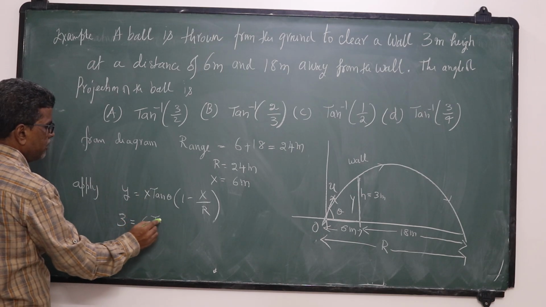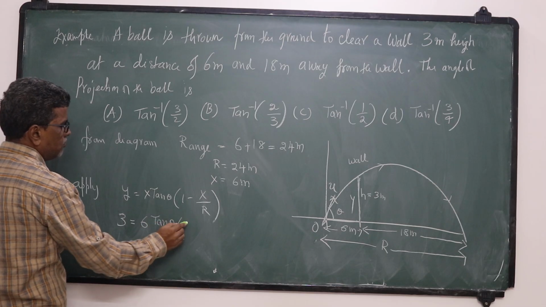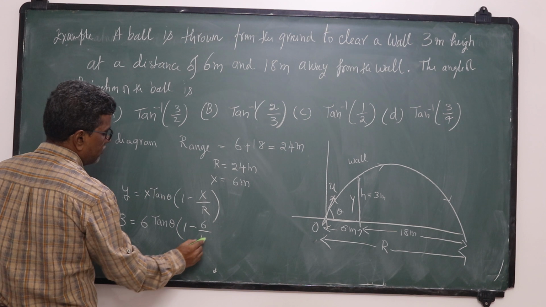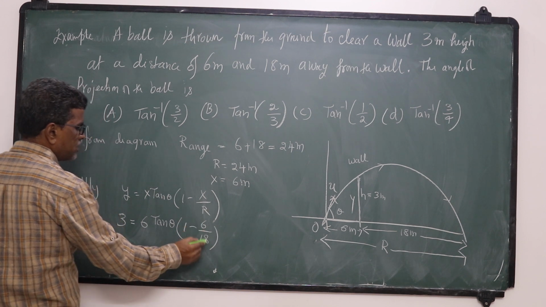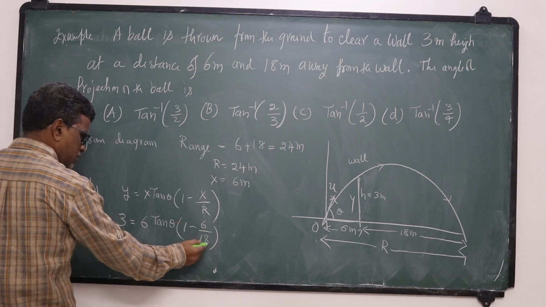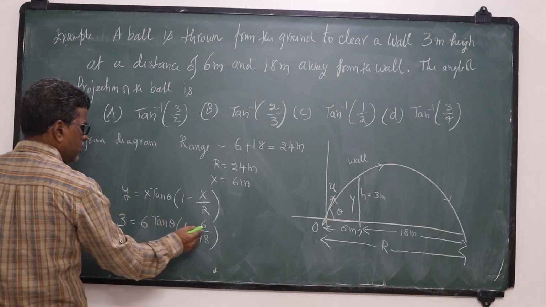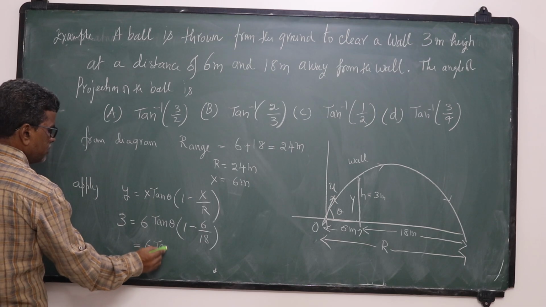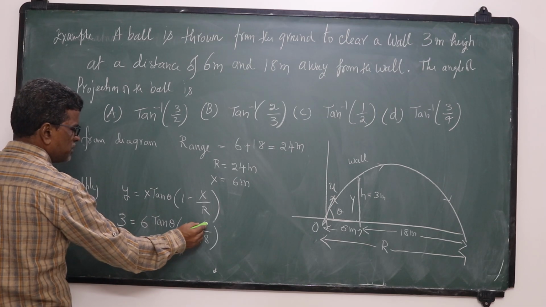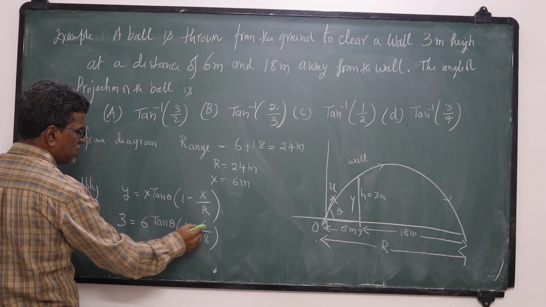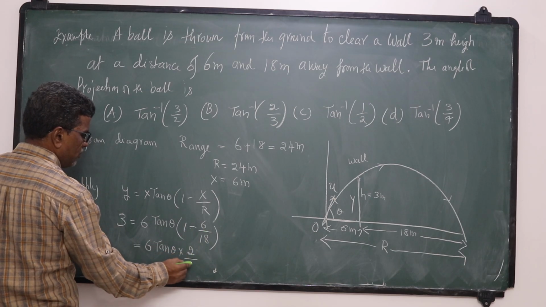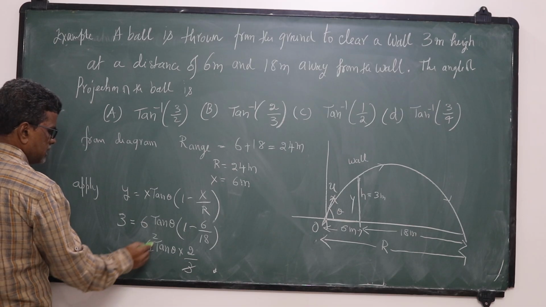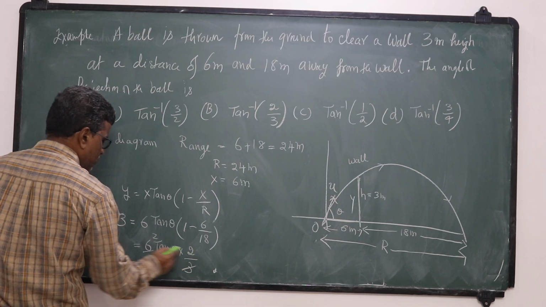What is tan theta? We want theta. 1 minus x by R, 6 by 18. So 6 by 18 is 1 by 3, 1 minus 1 by 3 is 2 by 3. So that is 3 equals 6 tan theta into 2 by 3. The 3s get cancelled, and 2 into 2 is 4.